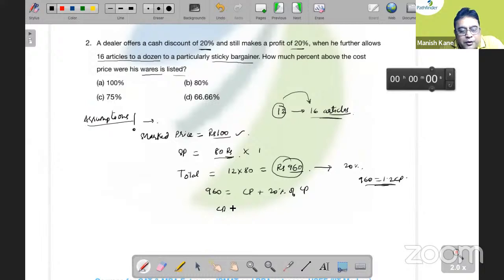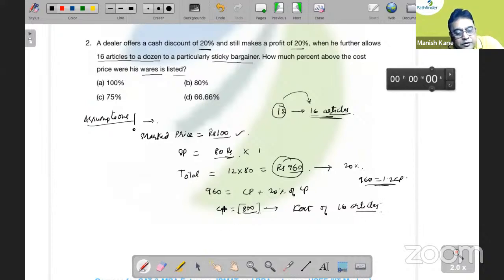So if you solve this equation for CP, what are you going to get? You still make a profit, so you get CP is equal to 800. But this is the cost of how many items? Because you gave away 16 articles, this will be the cost of 16 articles.